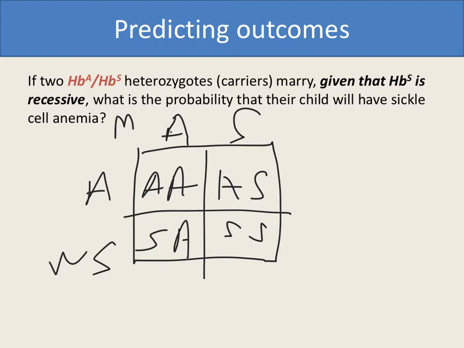So I might give you a bunch of different, I might say, here's a homozygous man and a heterozygous woman, what percentage will be a carrier? Would be 50% actually. But we'll go through more of these as we go along.